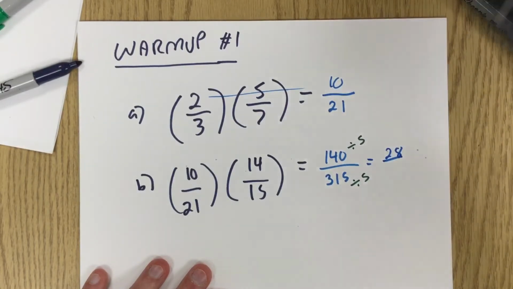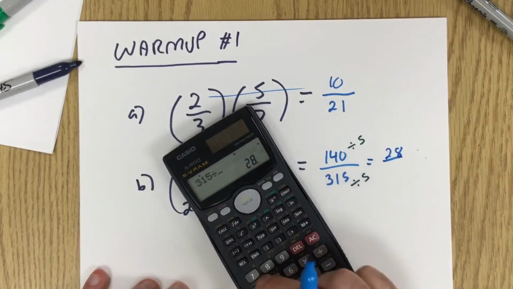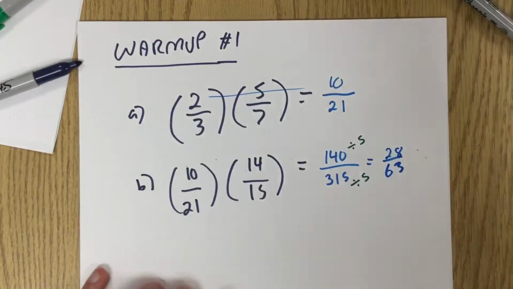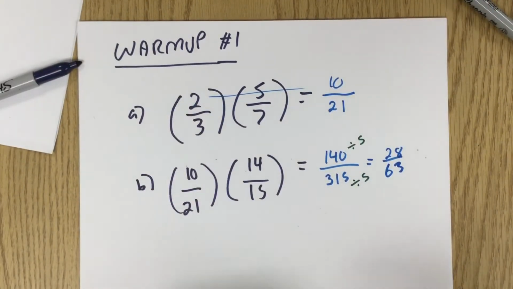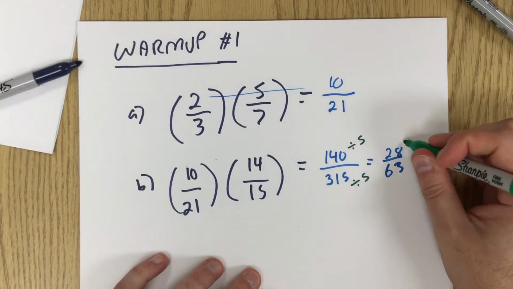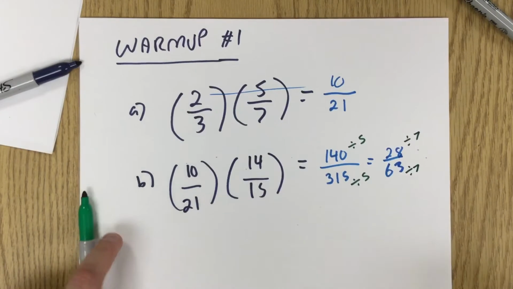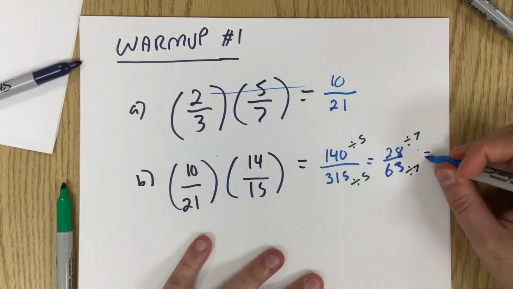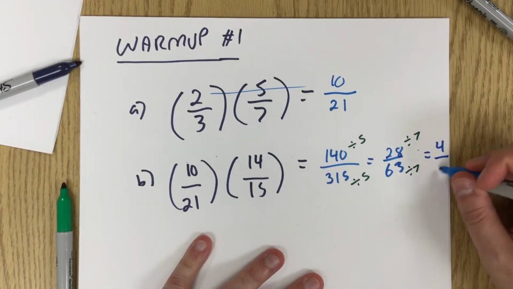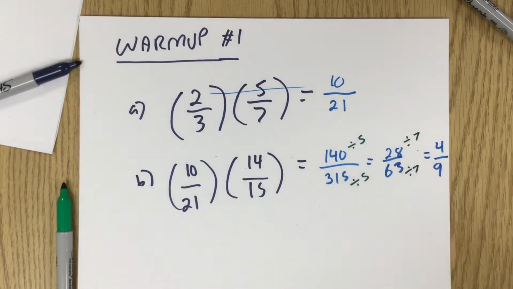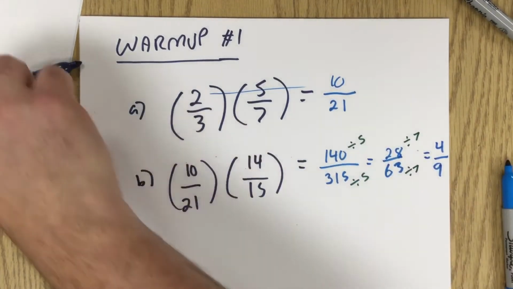And 315 divided by 5 is 63. And we're actually still not done. We're going to divide both by 7. 28 divided by 7 is 4. 63 divided by 7 is 9. So this times this gives us 4 over 9 once we've fully reduced it.